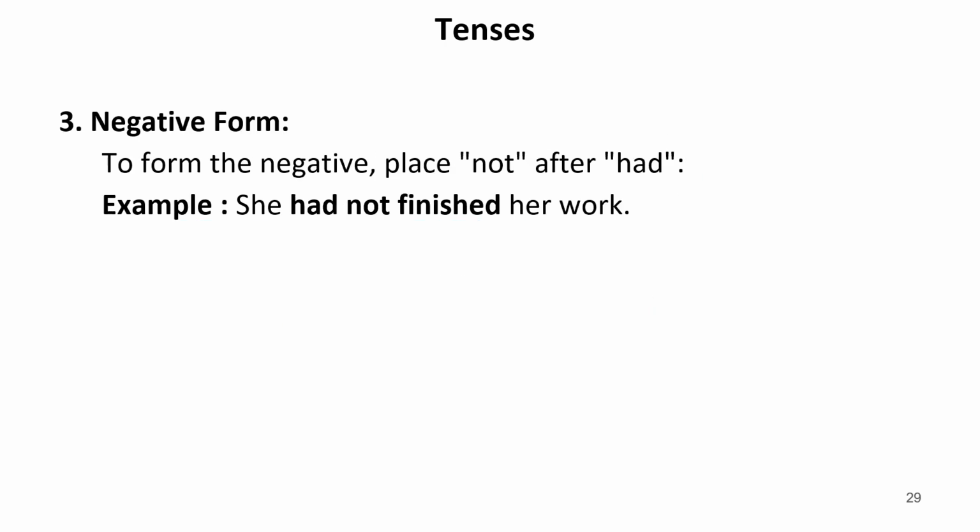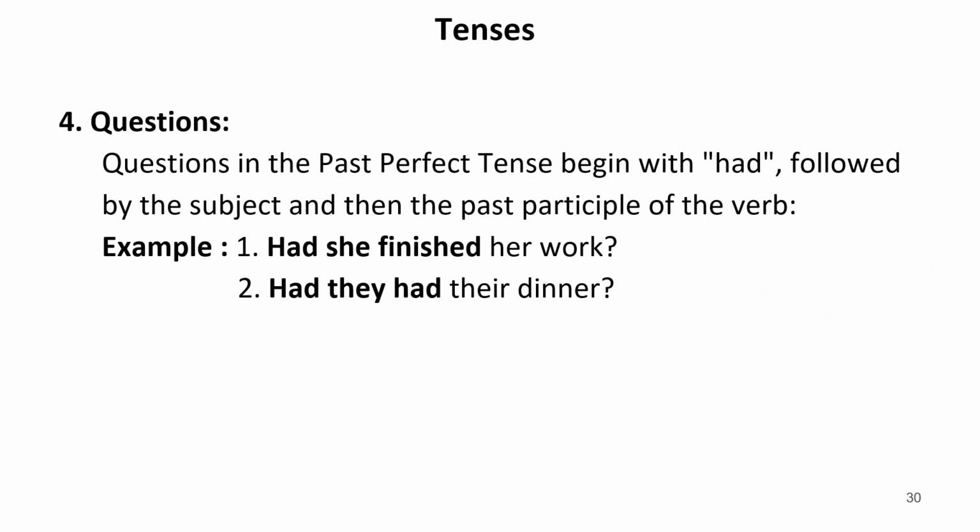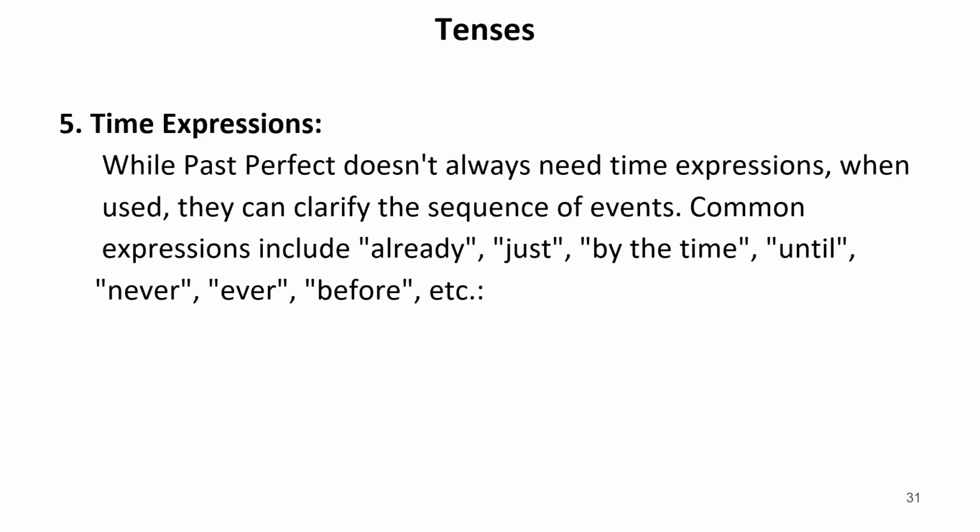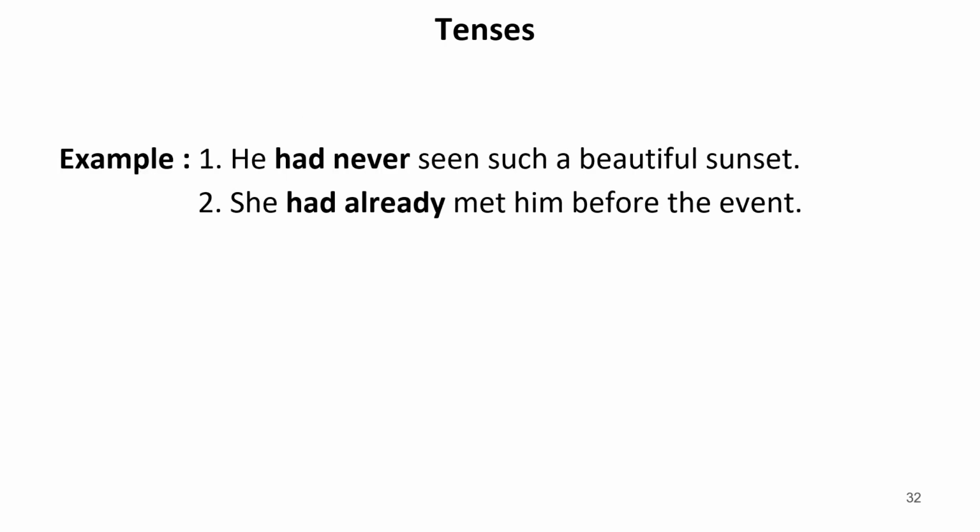Negative: she had not finished her work. Interrogative: Had she finished her work? Had they had their dinner? So in these cases, we can show past perfect tense. With time expressions like just, by the time, until, never, ever, before, we can use past perfect.